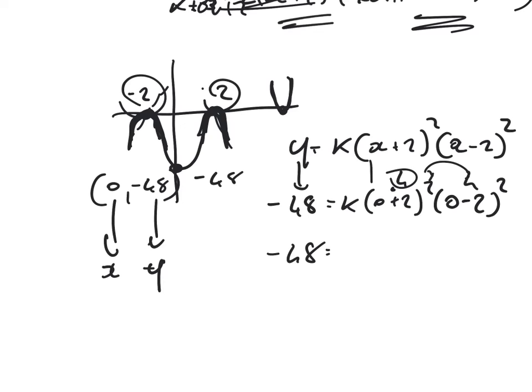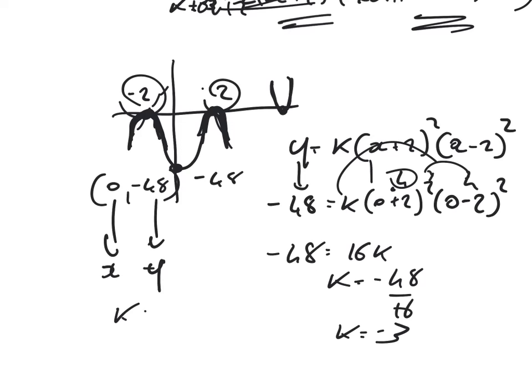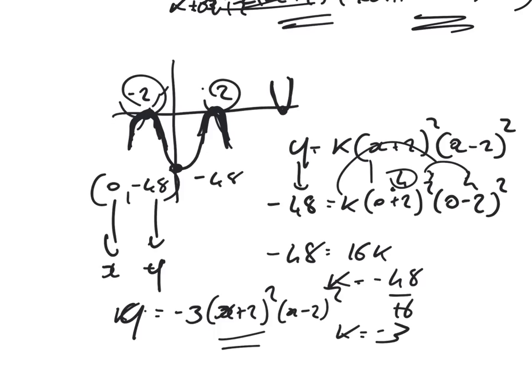So 4 times 4 is 16 times k is 16k. k is equal to minus 48 over 16, k is equal to minus 3. Final answer then is y equals minus 3 bracket x plus 2 all squared bracket x minus 2 all squared.